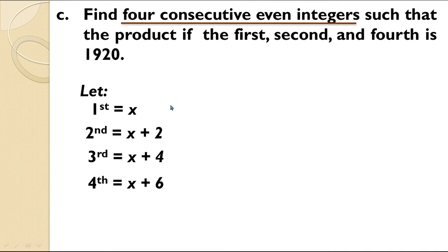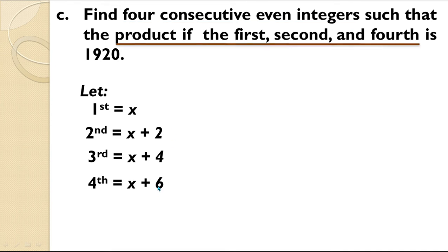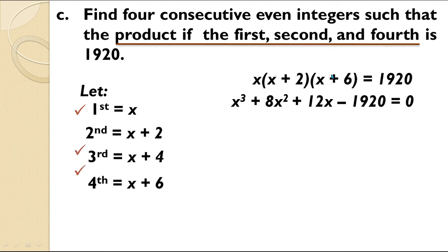So, even integers. So, next, yung gamitin lang natin is yung first, third, and fourth. So, yung multiply, and ito yung maging product. Then, transpose to the left side ang ating constant.